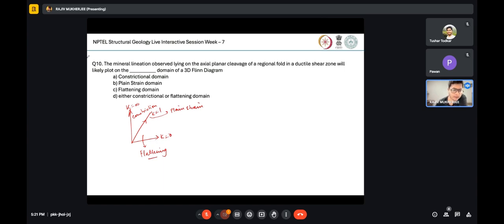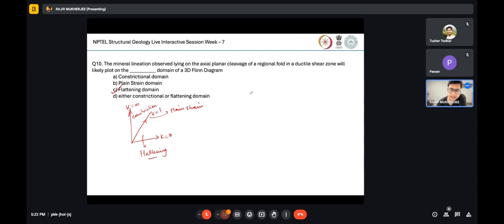So which option do you think will be the correct answer? Will be C, flattening domain. Exactly. It will be C.